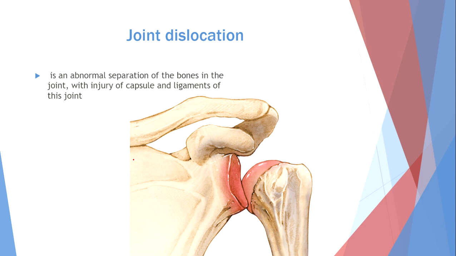And another pathology: joint dislocation. Joint dislocation is an abnormal separation of the bone and the joints with injury of the capsule and ligaments of this joint.